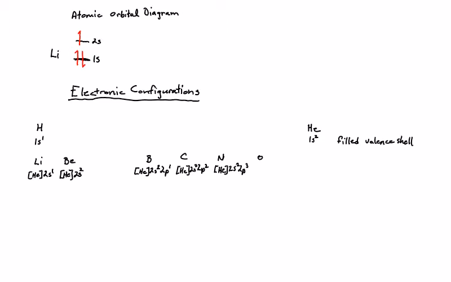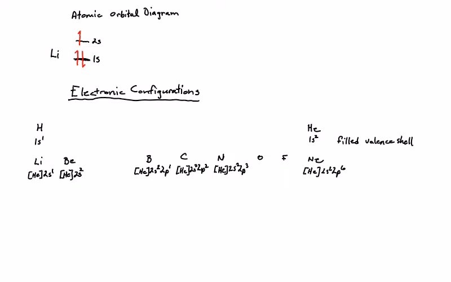Then we'll have oxygen, fluorine, and then we hit neon. When we get to neon, it's going to be a helium core, 2s2, 2p6.